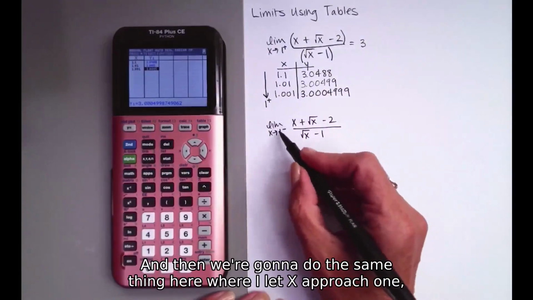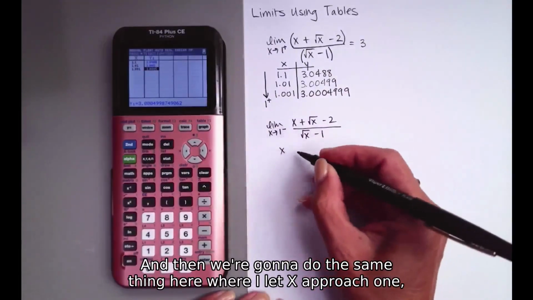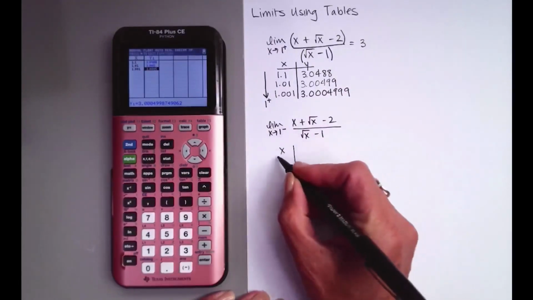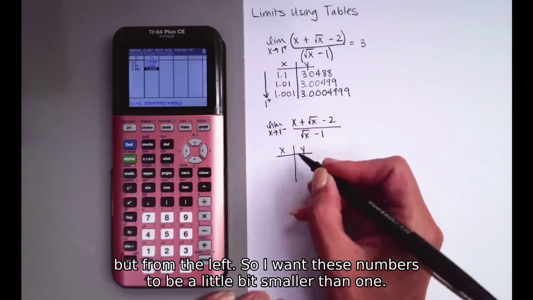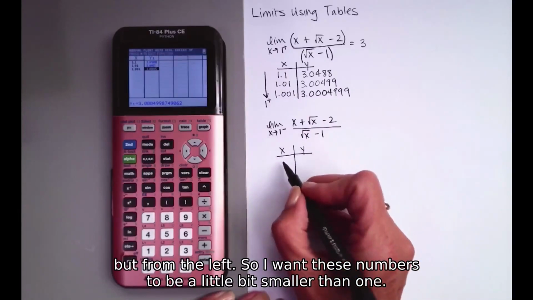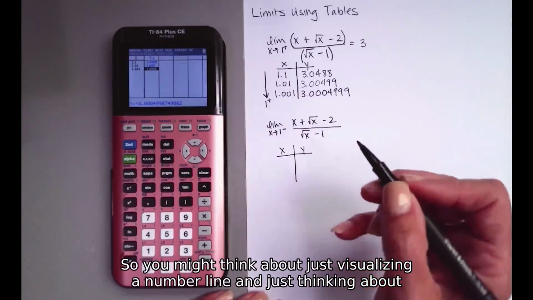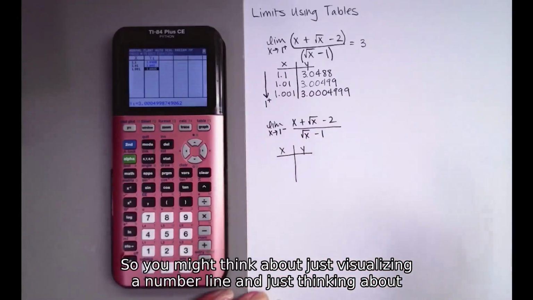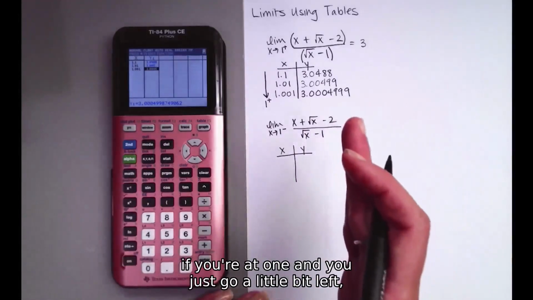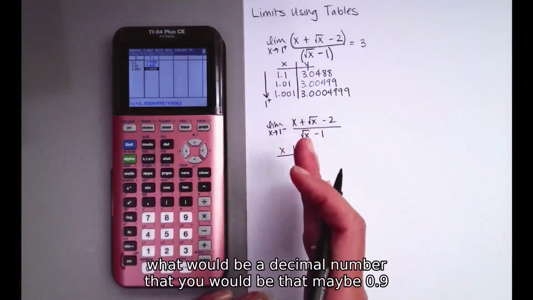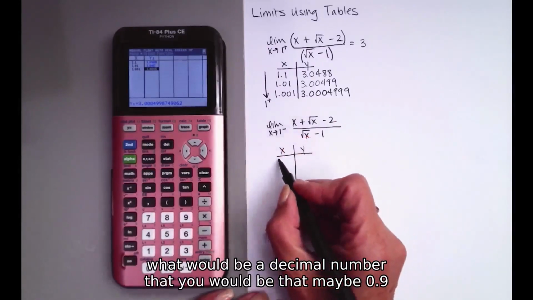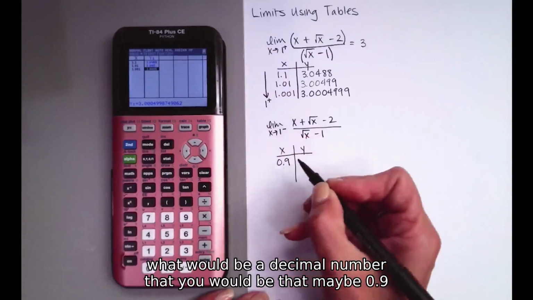All right, and then we're going to do the same thing here where I let x approach 1, but from the left. So I want these numbers to be a little bit smaller than 1. So you might think about just visualizing a number line and just thinking about if you're at 1 and you just go a little bit left, what would be a decimal number that you would be at? Maybe 0.9.